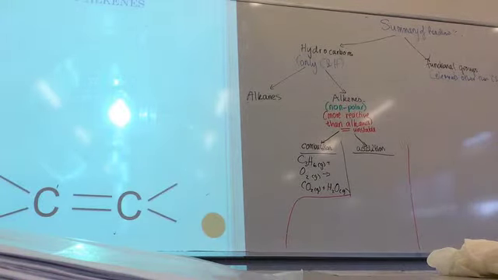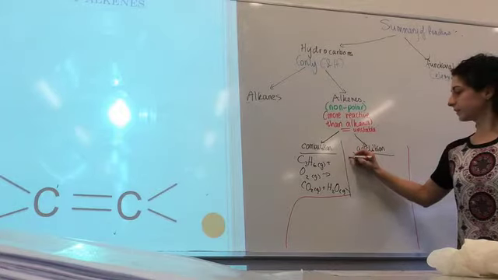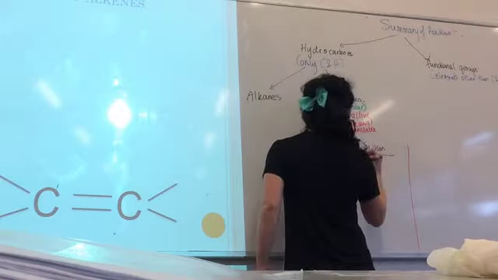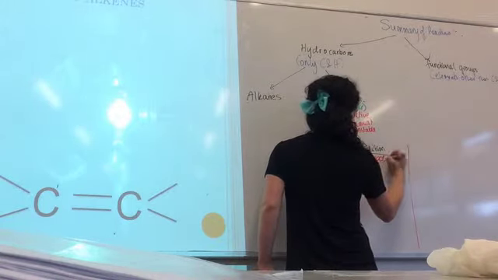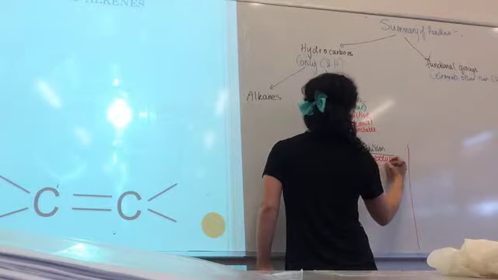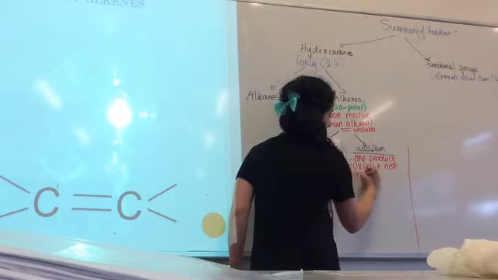Okay, addition. For example, so the first one we're going to do, actually, first of all, how many products do you get with addition? One. Only one. You add the 2 together and they combine to make a full compound. So it's only 1 product. UV light not needed.